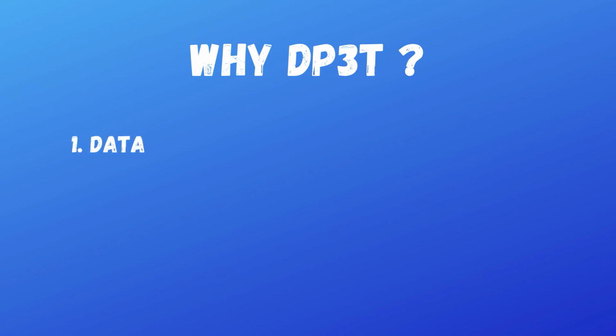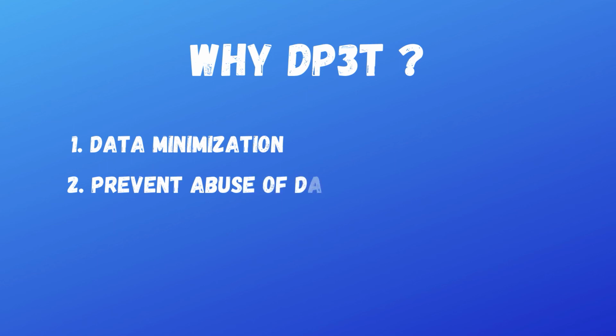So, I'm concluding that the decentralized method is a much better methodology for digital contact tracing with benefits such as data minimization, because only the anonymous ID of the infected person is captured here. Next one, prevent abuse of data. Since only minimum information is captured, it prevents misuse of users' data.